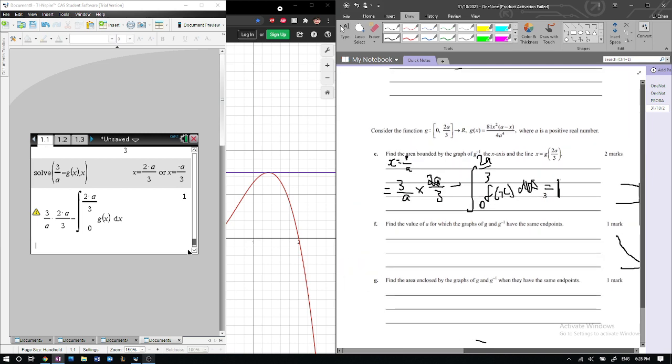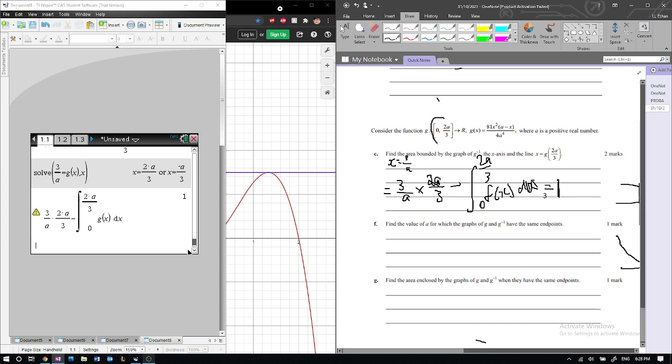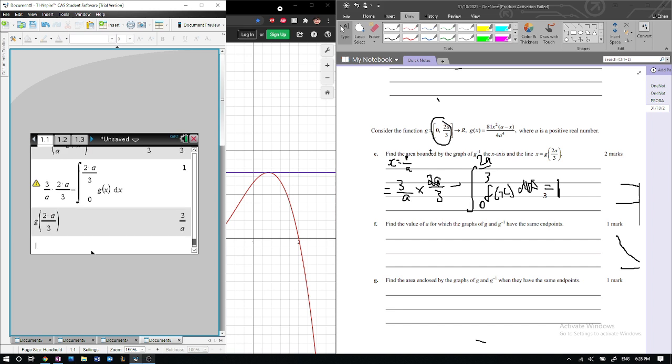Find the value of a for which the graphs of g and g-1 have the same endpoints. I think this is a straightforward question. It's just interpreting it. Your endpoints are here, right? So for what value of a will they have the endpoint of x equal to 2a on 3 and y equal to 3 over a.